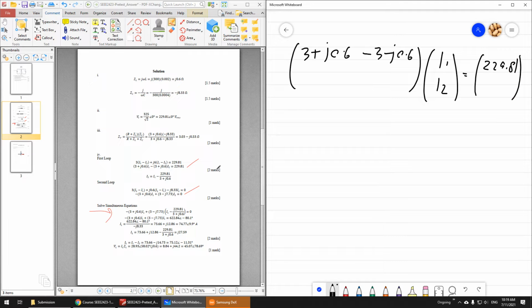Recall back your matrix. And then for this case, of course, negative 3 minus j0.6, and next is 3 minus j7.73, and then 0.